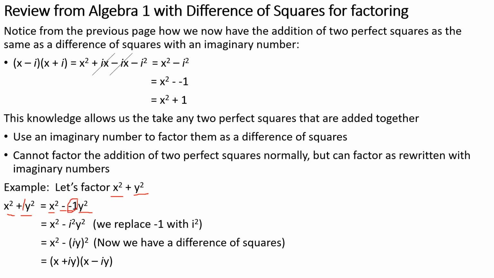Well, I'm going to change negative 1 to i squared, and then here's my y squared. So if I rewrite this, this is now x squared minus i squared y squared. And now I have a difference of squares. This is x plus iy and x minus iy. We just did a reverse of what we just showed on the previous slide.